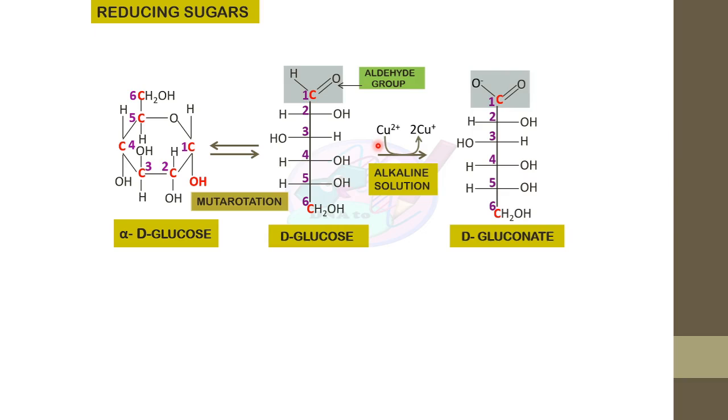and it reduces some compound and gets oxidized. Here, the aldehyde group is oxidized to a carboxylic group, and because the solution is alkaline, it will donate its hydrogen and become a carboxylate ion. Since we are taking glucose, this glucose has now been converted to D-gluconate, and here the copper is getting reduced.